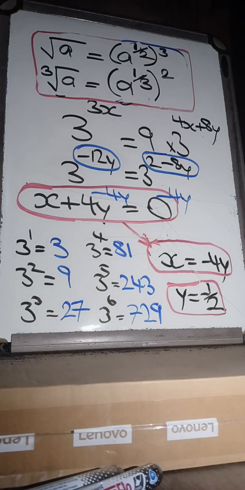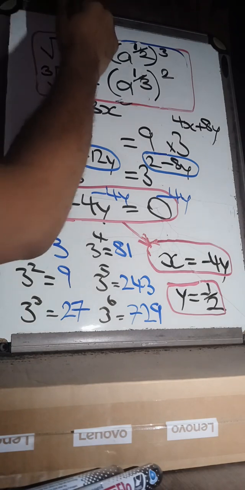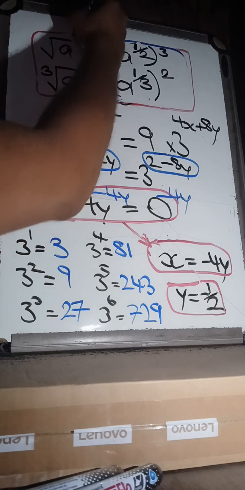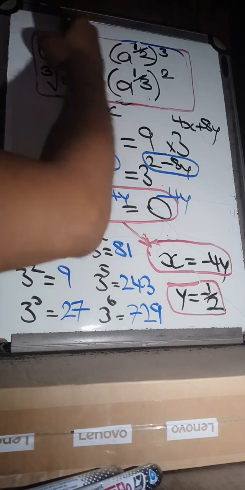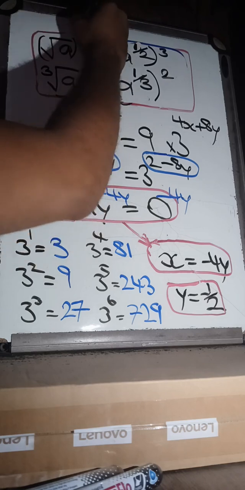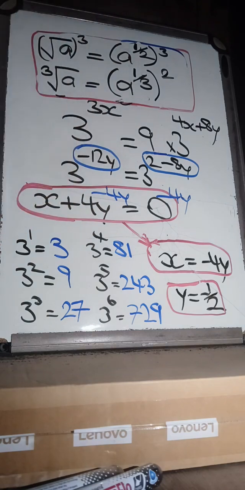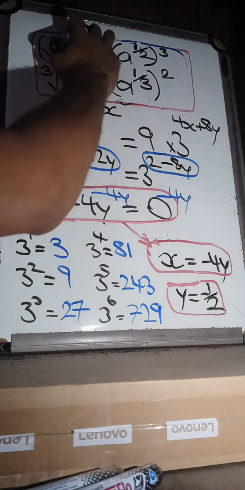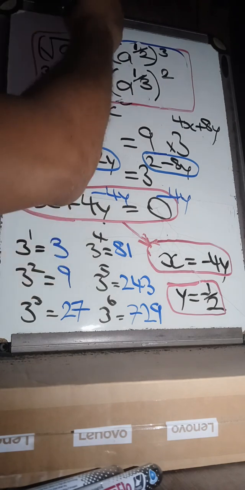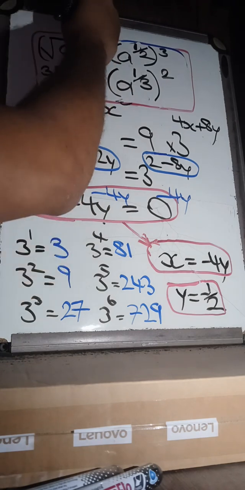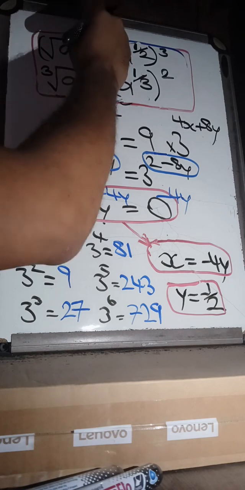Right? Now, mind you, I have to be careful, because that means square root the number first, and then the result of it, you cube it. So square root first, cube it after.